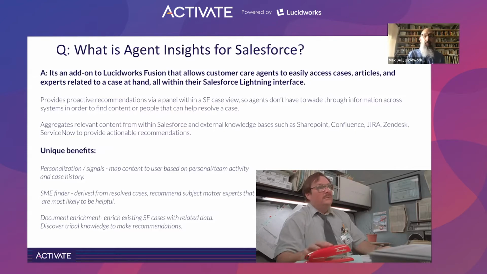Another thing we have for Milton is a SME finder where he can locate experts. Now, these experts are indicated within the Salesforce data. It's not like we had to have some extra effort to go out and find experts and have them volunteer that they're good at a certain topic. All we do is we look at successfully closed cases and find out who worked that ticket.